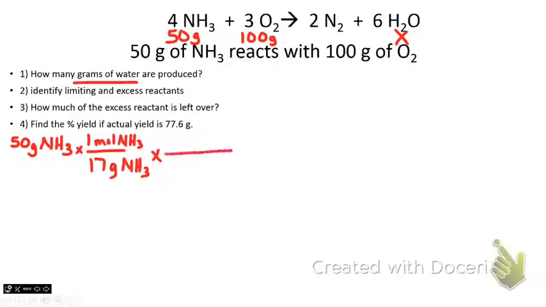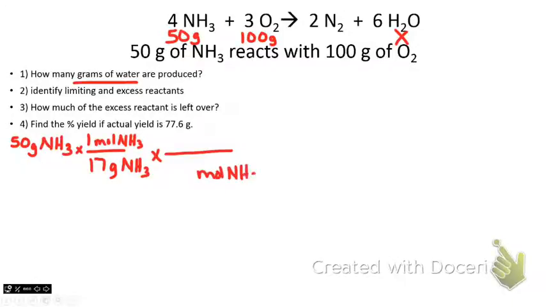Then I have to look at my mole ratios because I'm going to want to connect my NH3 again back to my final product. That's what I'm after. I'm trying to figure out how many grams of H2O I can make. So let's look at our mole ratios. Because I have moles of NH3 here as my unit, I know I'm going to have moles of NH3 drop down in the denominator to cancel out, so that's exactly what I'm going to do.